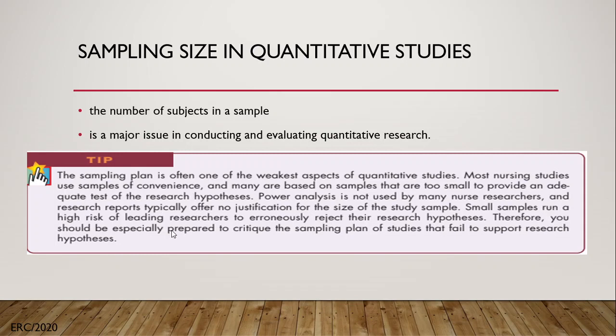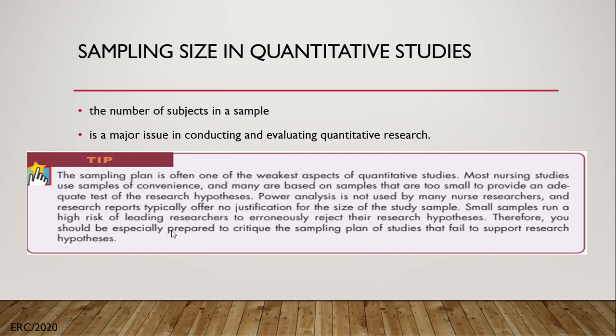So, a tip: the sample plan is often one of the weakest aspects of quantitative studies. Most nursing studies use samples of convenience, and many are based on samples that are too small to provide an adequate test of the research hypothesis. Power analysis is not used by many nurse researchers, and research reports typically offer no justification for the size of the study sample.